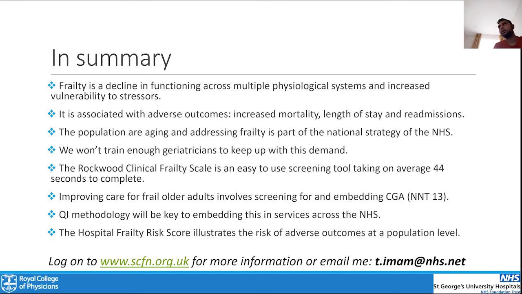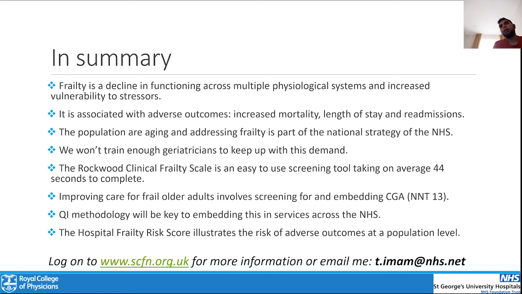It's associated with adverse health outcomes, increased mortality, length of stay, readmission rates, which is already established in the literature, but we've also used new tools such as the hospital frailty risk score to illustrate this across a whole population level. This is important because the population is aging, and it is part of the national strategy to address frailty because of that. However, we're not going to train enough geriatricians to be able to keep up with that demand.